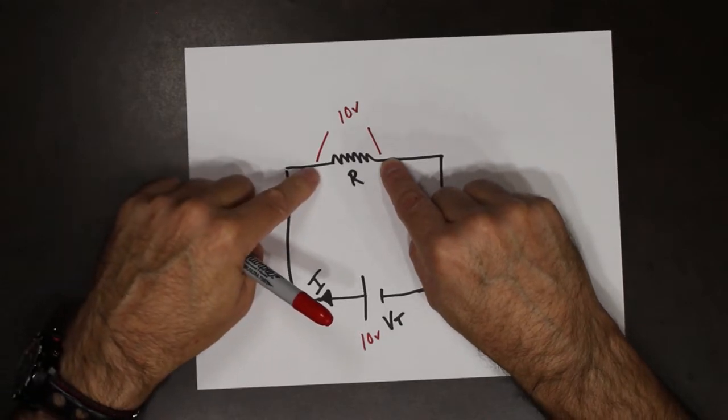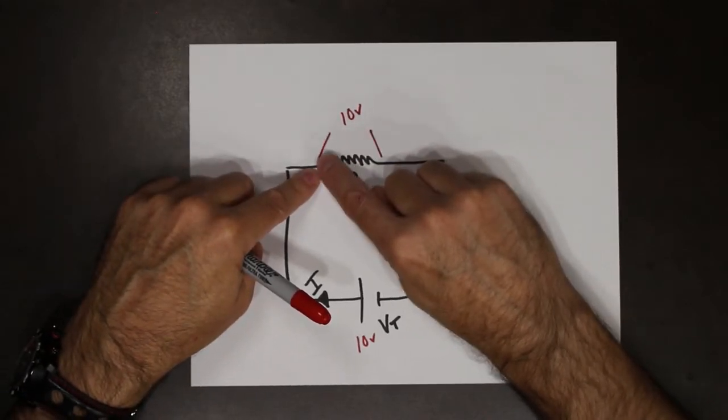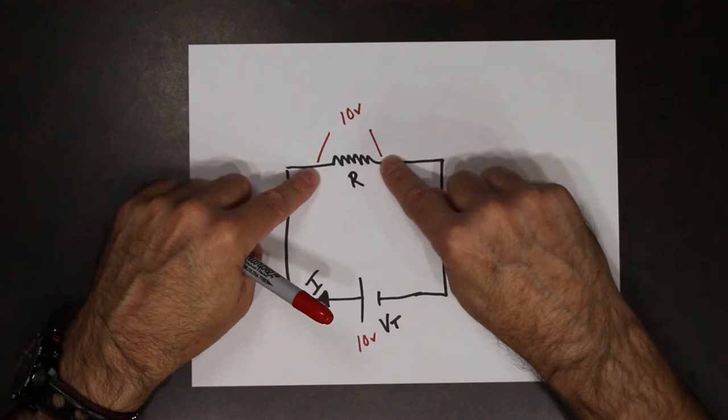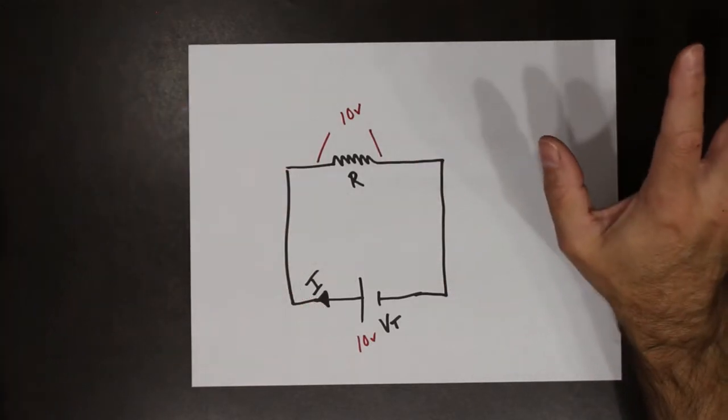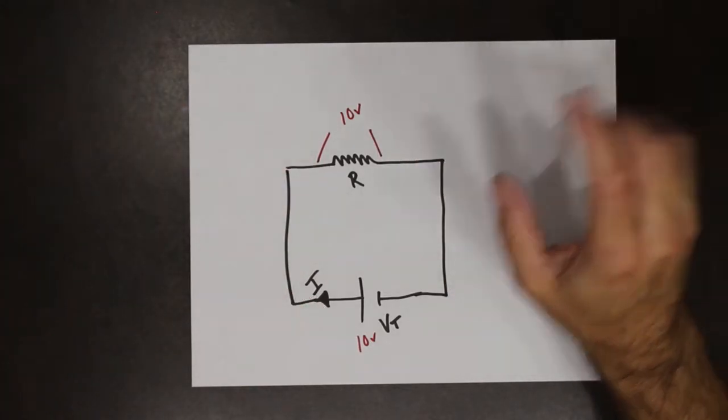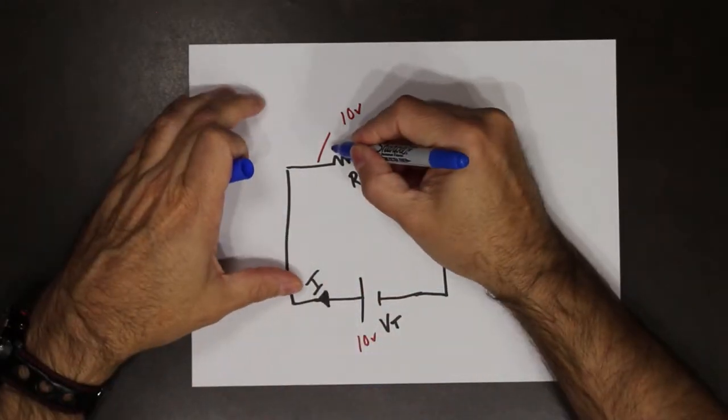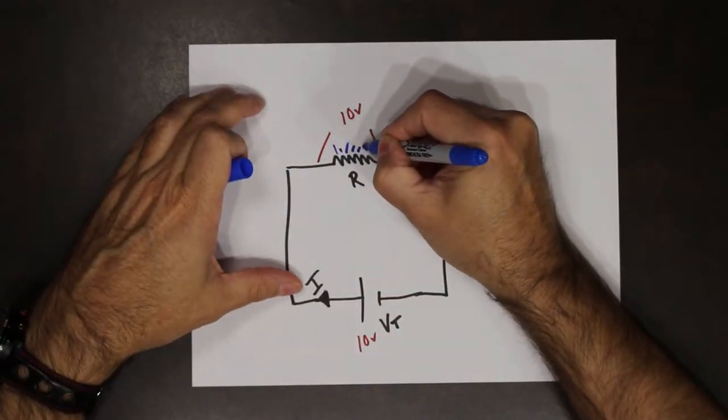So that's what 10 volts means. So from one side to the other side, we have a potential difference of 10 volts. Where does that energy go? In resistors, that energy is actually dissipated as heat.